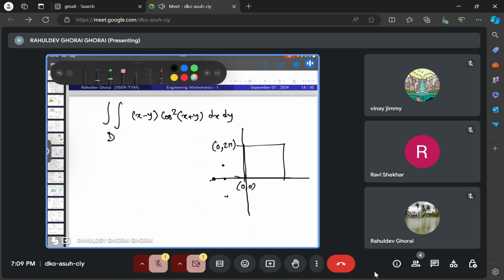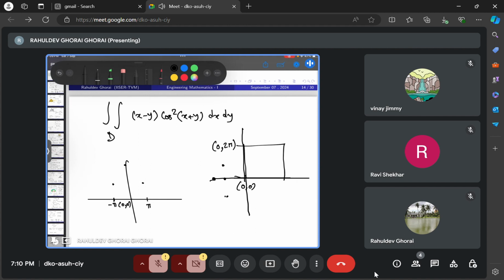Let me draw the region. So the region is given by these points. This is 0 0, let's say this is minus pi and this is pi. So if it is minus pi, then also pi, and when it is pi, then also pi, minus pi pi, and 0 to pi.